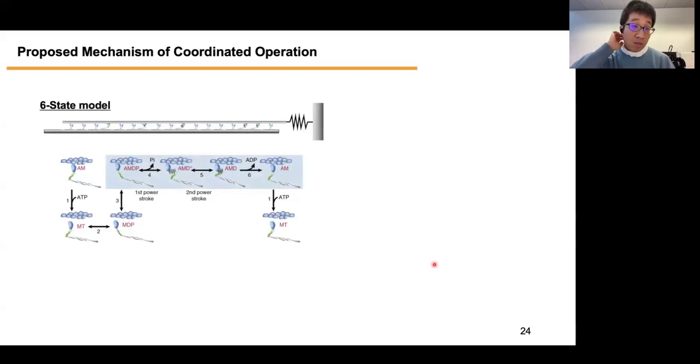And they thought about the mechanism. So this is the six-state model that they had in mind. And the important steps are these two power stroke processes. Power strokes are the processes that cause mechanical motion of the myosin's head and cause the movement of the actin filament.